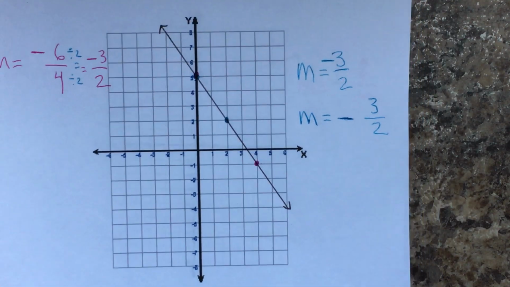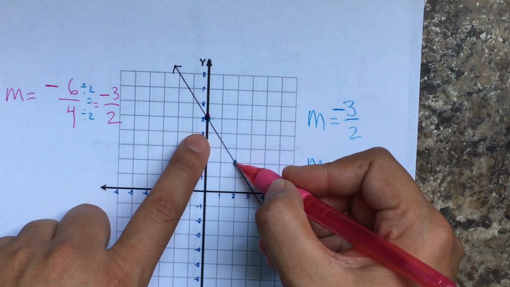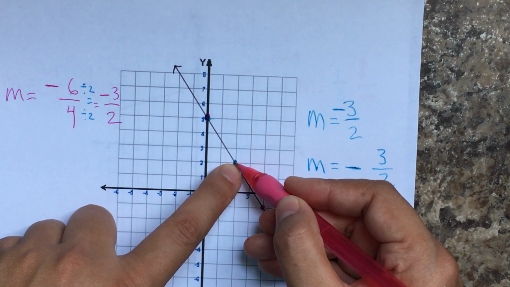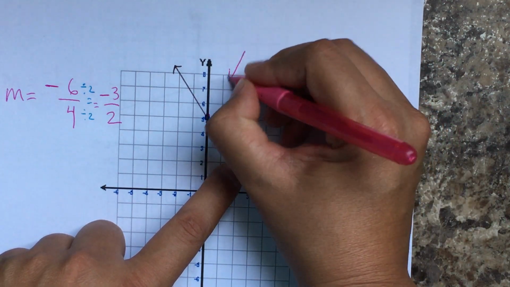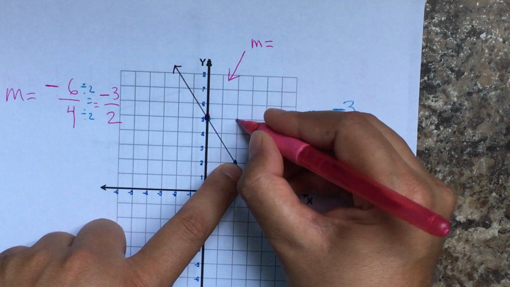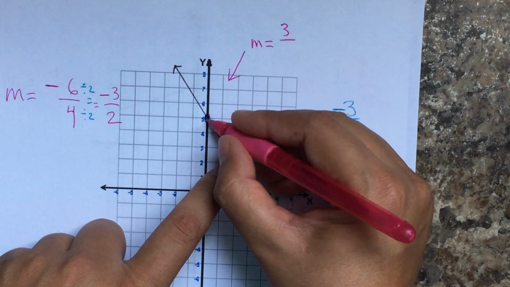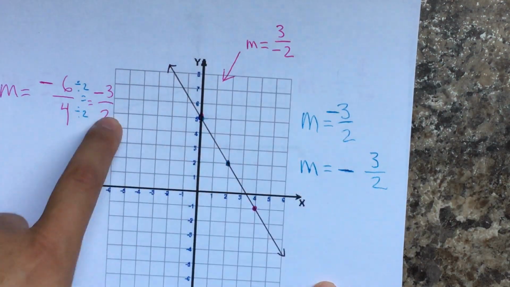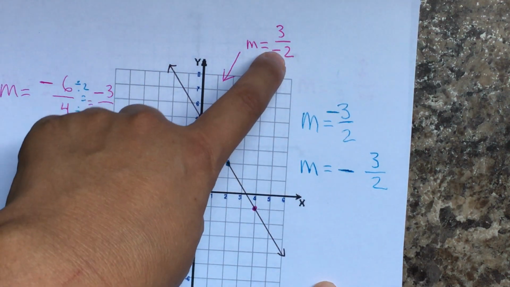What if for the previous one, we already did this, I know, but what if I decide, instead of going down and to the right, what if I decide to go from this point and decide to go right here? Okay, so I'm gonna go 1, 2, 3 up, positive 3, and then 1, 2 to the left, so it's negative 2. This is exactly the same thing. It doesn't matter if the negative is in the middle, on top, or at the bottom.